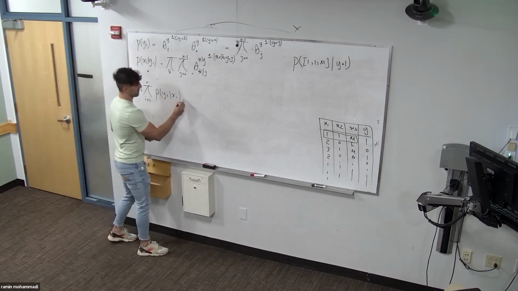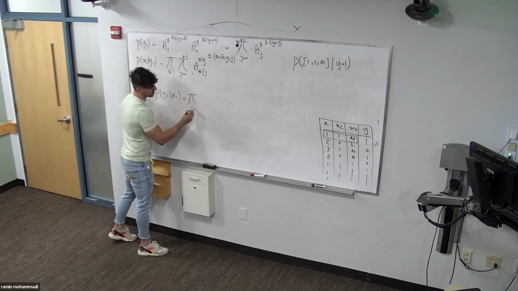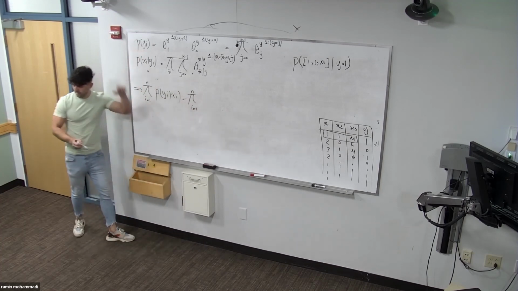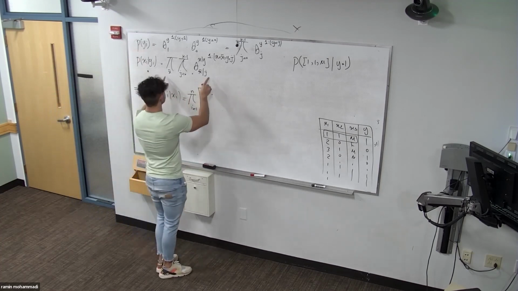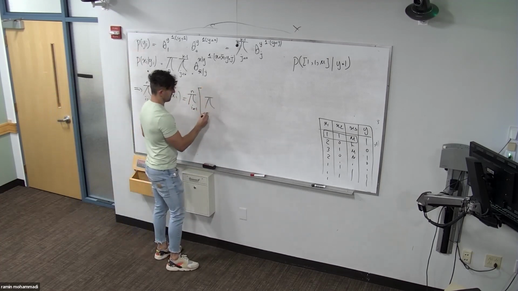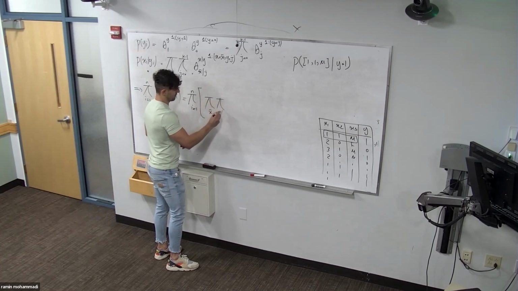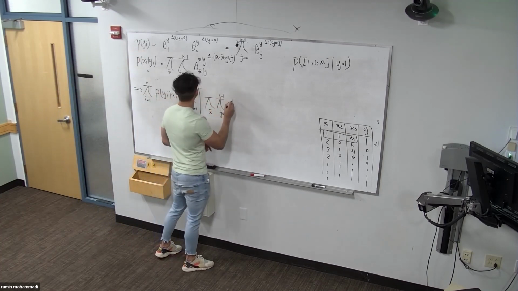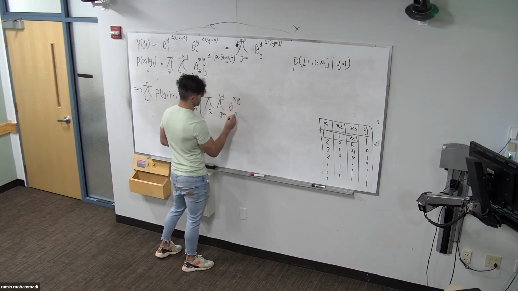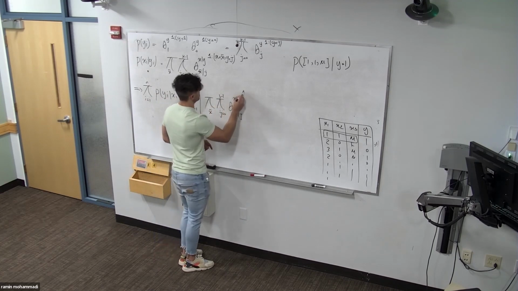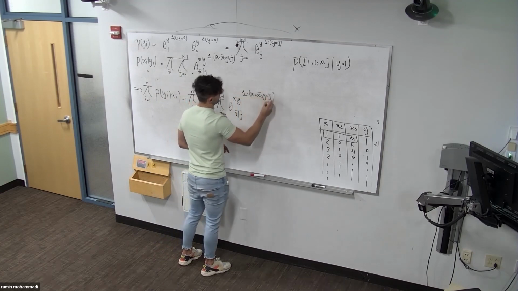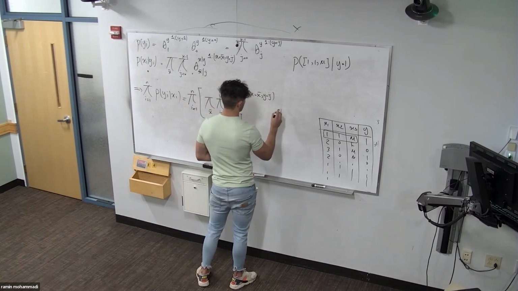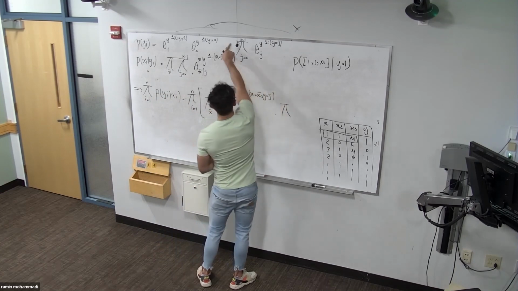So we have a multiplication over all the data that you have, all the records, times this term, times the above term.